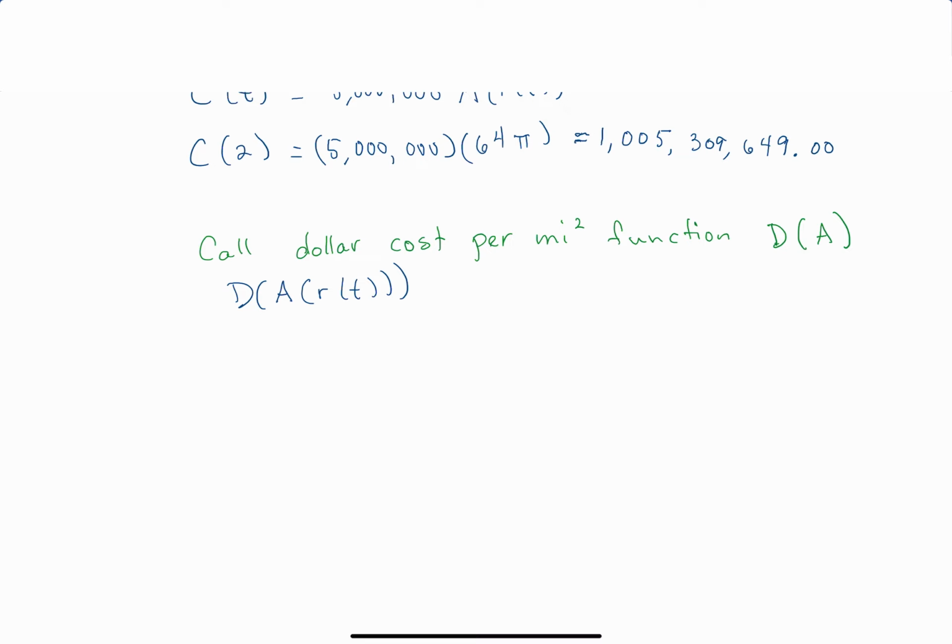So our cost function was the output of all that stuff.